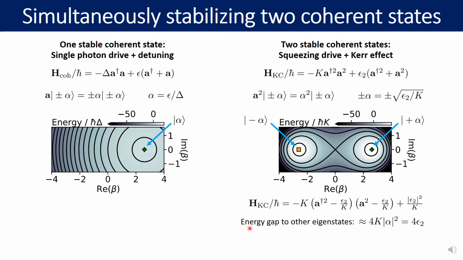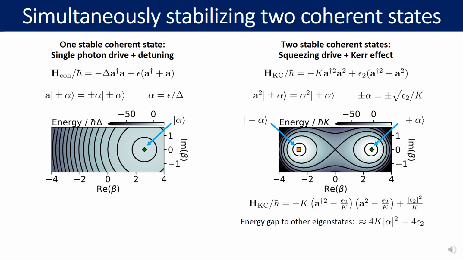What's more is there's an energy gap to all the other eigenstates, which is proportional to 4 times the Kerr constant times alpha squared, so the photon number in the coherent states, or just 4 times the single mode squeezing strength. And this additionally contributes to the stabilization of these coherent states, which prevents them from decaying to vacuum over time.